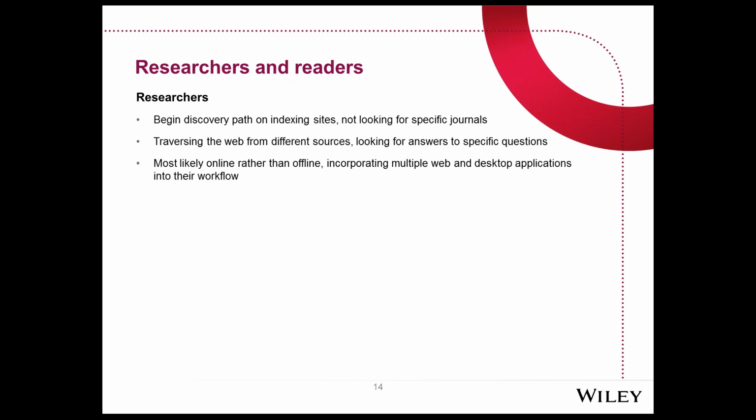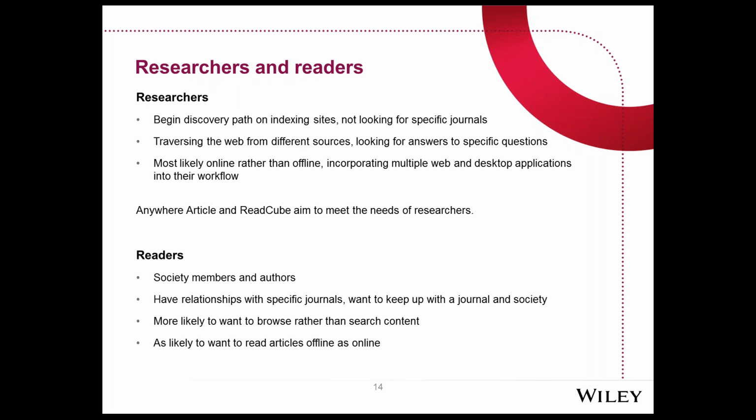They're most likely online rather than offline, and that's the role that Anywhere Article and the ReadCube PDF address and engage with. When we refer to readers, we're talking about society members and authors who have more of a relationship with a journal, so they're more likely to want to browse rather than search and want to read articles offline as well as online.